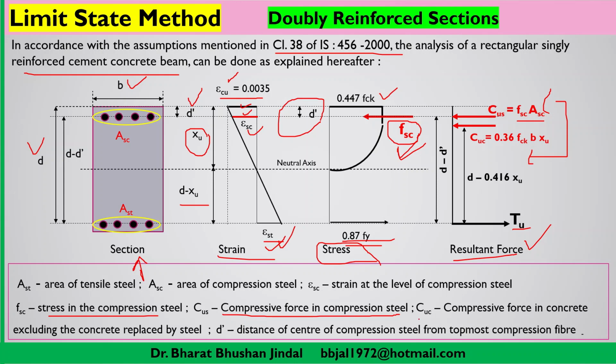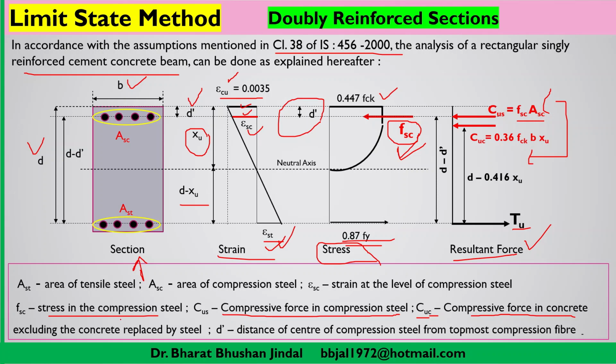Now another term is CUC. Please understand it more clearly. What is the meaning of CUC? Here C means the compressive force at ultimate limit state in concrete. So that is the compressive force in concrete.